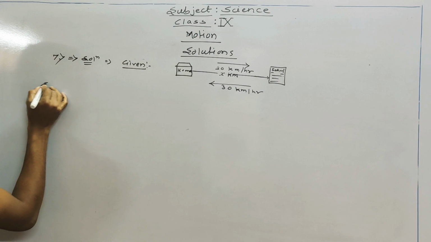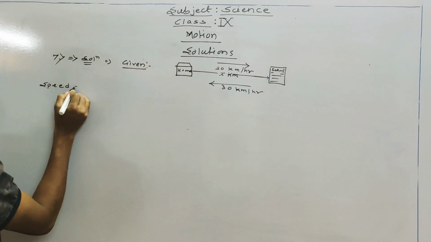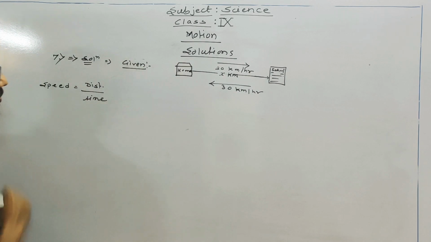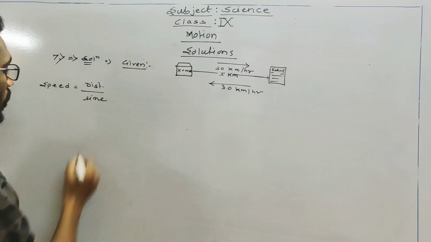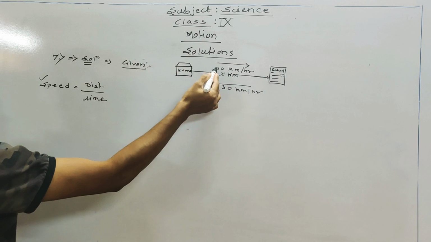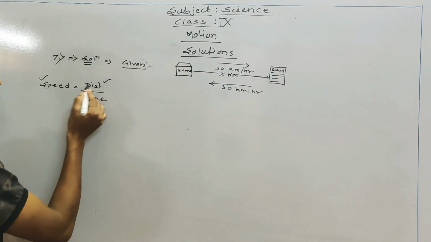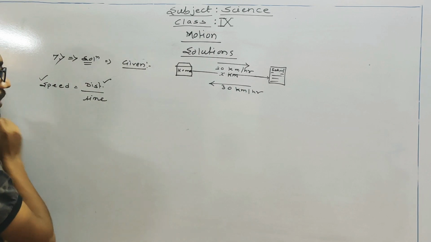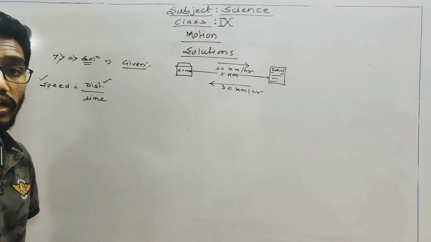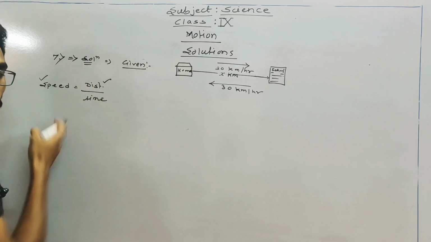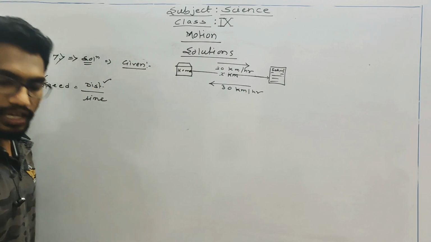Then we know that speed is equal to distance by time. We have the speed and we have considered the distance, so time can be calculated. It's too simple. Now what to do?